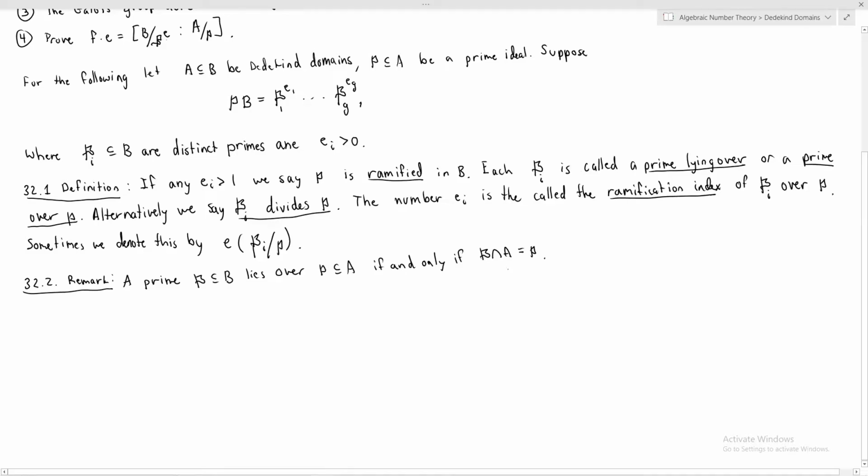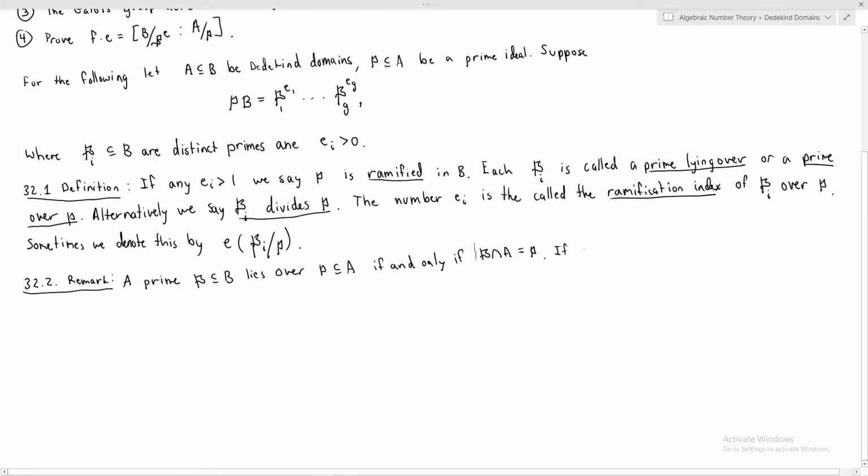The way you check this is, one direction is, let's say P lies over little p. Well, then big P certainly contains little p in that case, and big P intersect A is also a subset of A. So maybe I should just write this down.